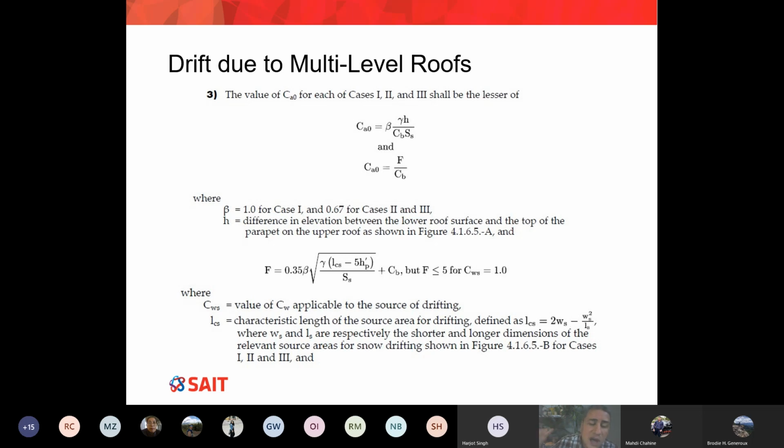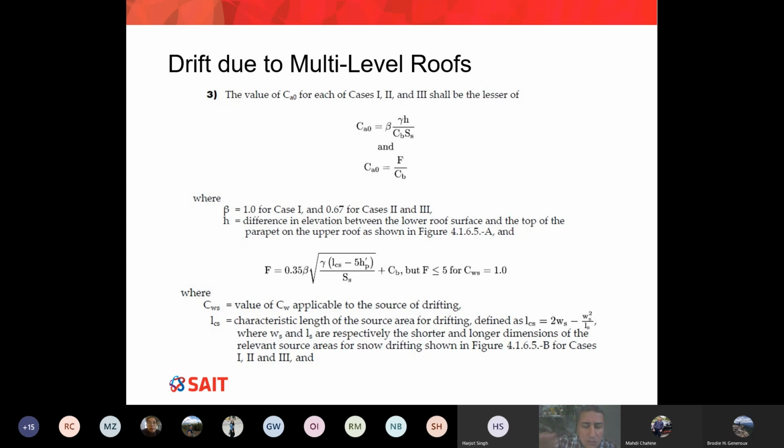If the source is the higher roof, then we use the dimensions of the higher roof. In case number 2, one portion of the lower roof is the source, so we use those dimensions. In case number 3, there is another portion of the lower roof which is the source, then we take the dimensions of this area of the lower roof.